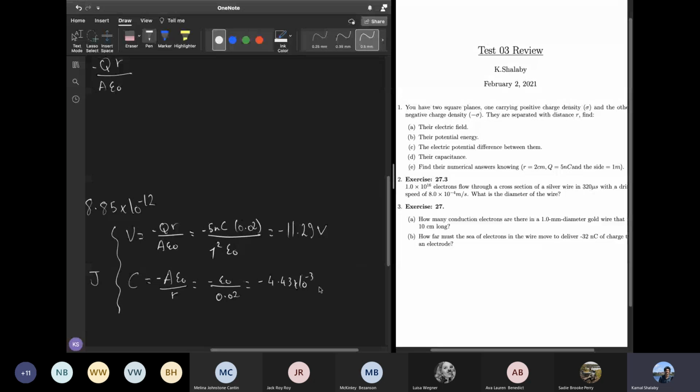What are the units of capacitance? Is it farad? Yes, indeed, which we just put as F. And this is also not negative 3, this is negative 10. I don't know why I said negative 3. Okay, so yeah.